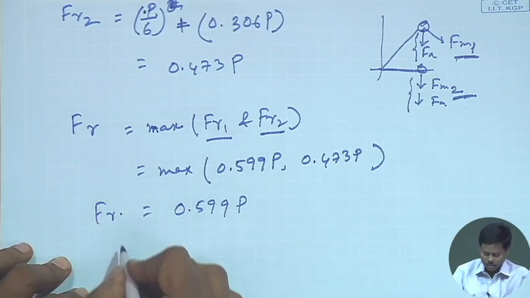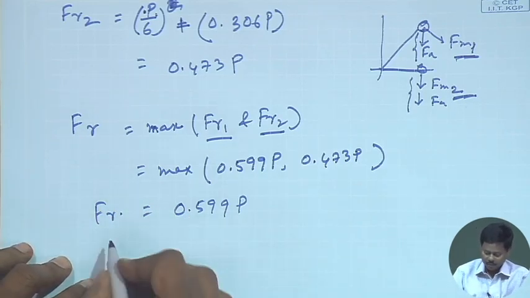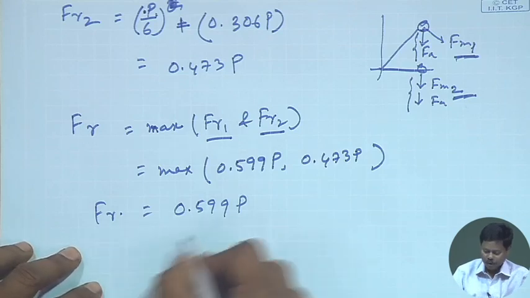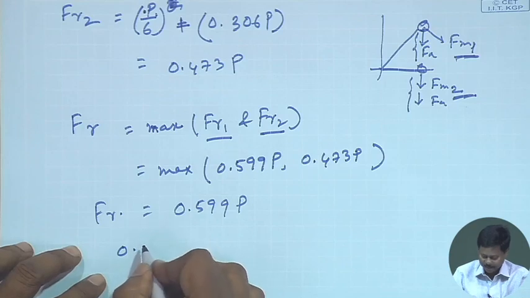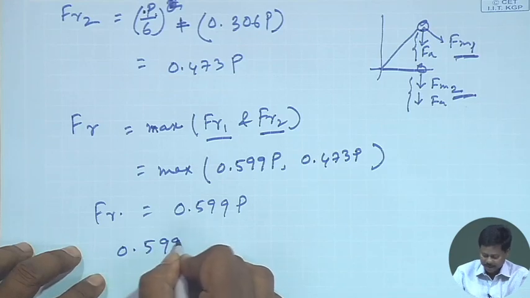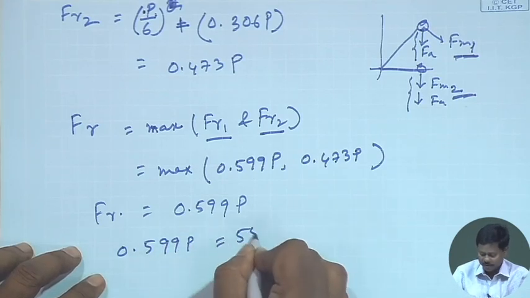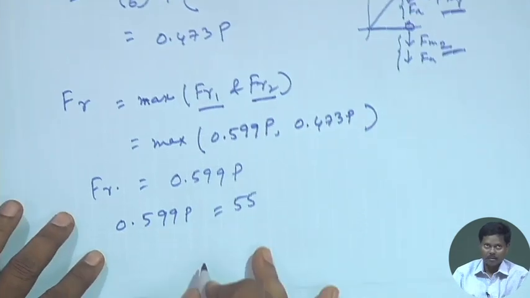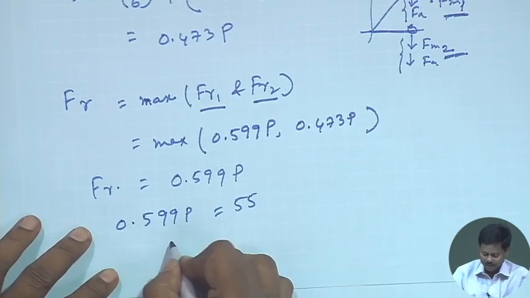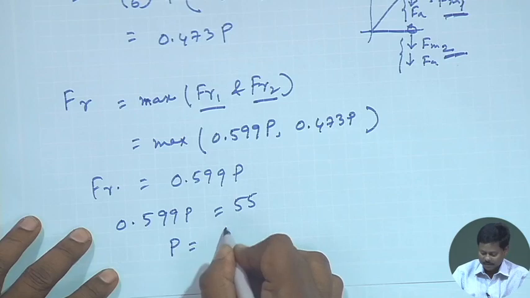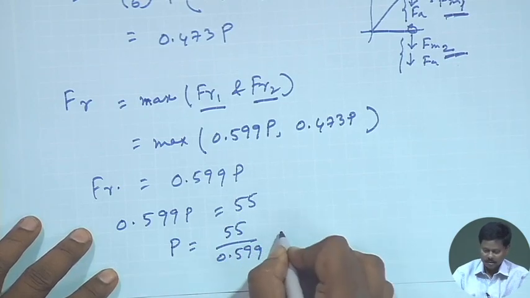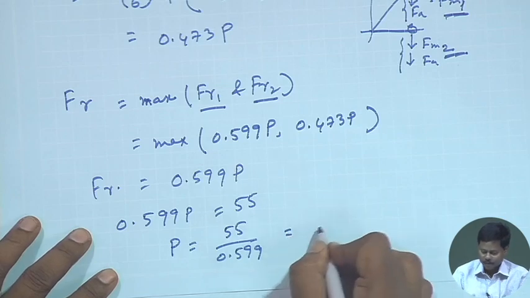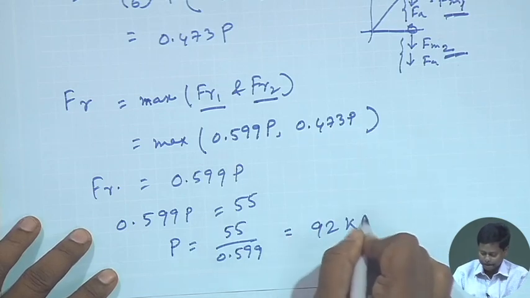Now we can equate with the bolt value. The bolt value we have obtained as 55 kilonewton. So, 0.599 P is equal to 55, and then we can find P as 55 by 0.599, and this will become 92 kilonewton.